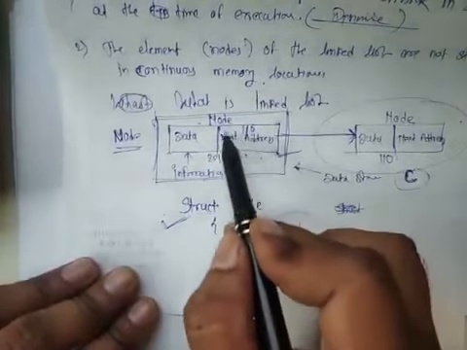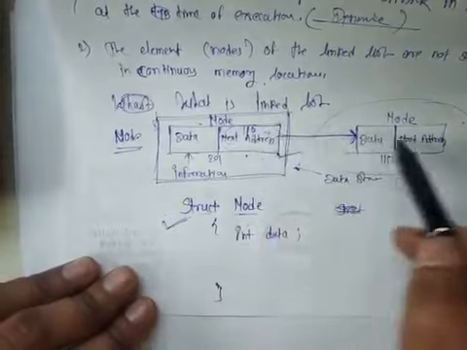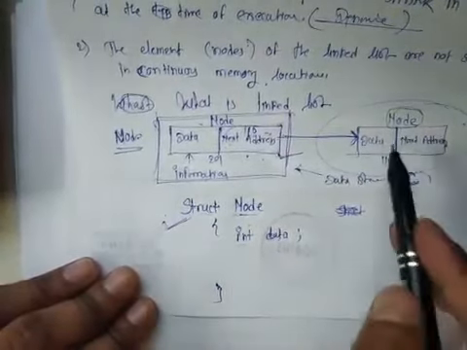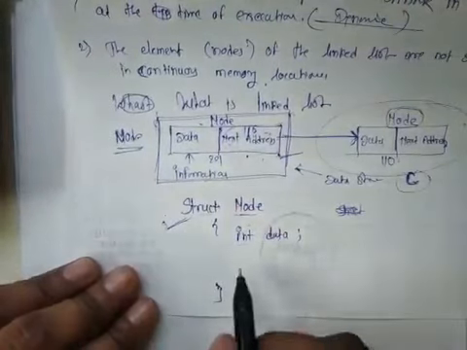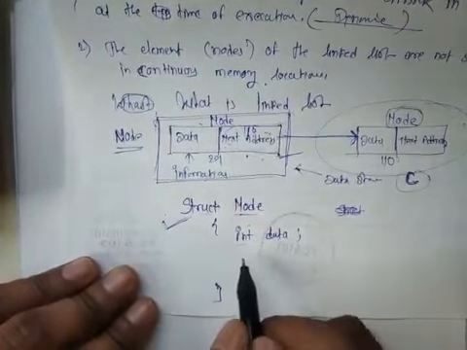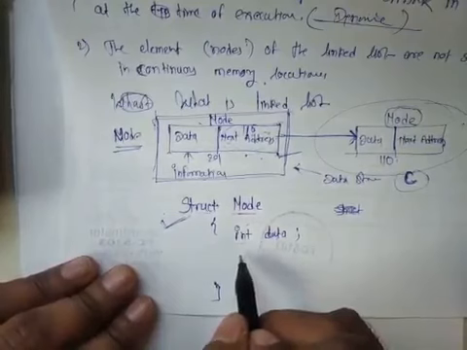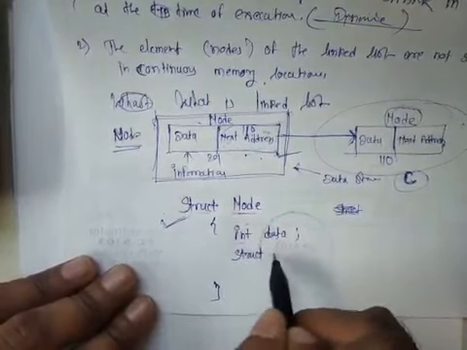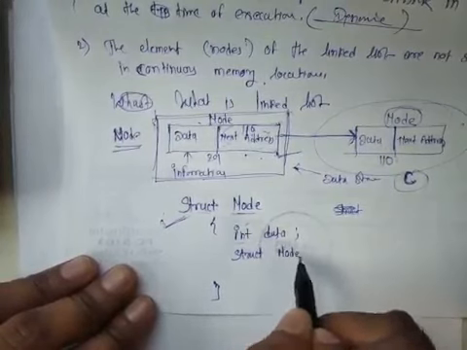Okay, so this field basically holds the address of the next node structure, and that node structure is similar to this node structure. So what I am going to do here is use a recursive structure definition. Here I am going to call the same structure, struct node.